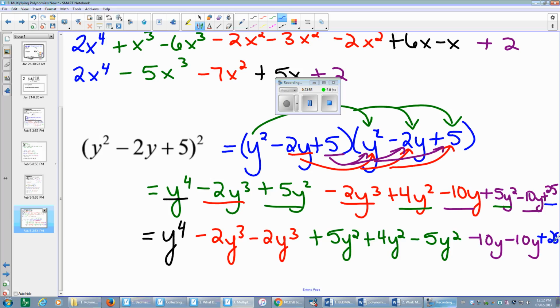Okay, and then my final answer here becomes y to the exponent 4 minus 4y cubed plus 4y squared minus 20y plus 25. And that's my final answer.